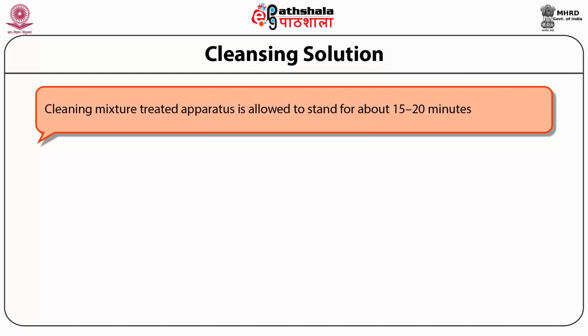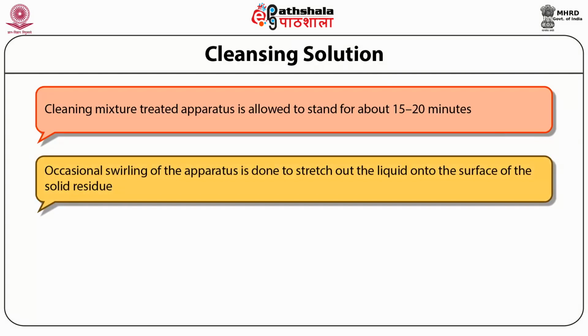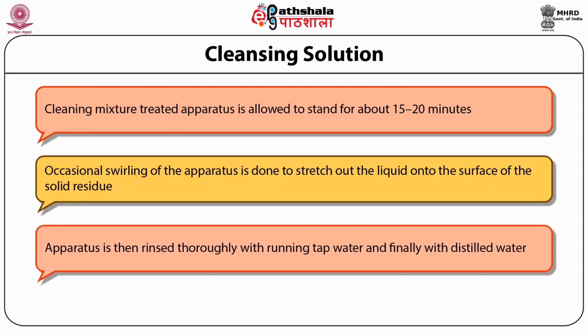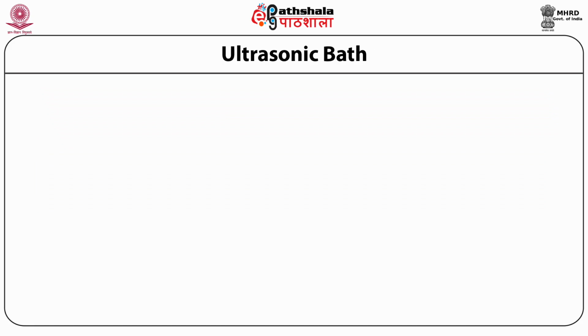The treated apparatus is allowed to stand for about 15 to 20 minutes, with occasional swirling to stretch out the liquid onto the surface of the solid residue. The apparatus is then rinsed thoroughly with running tap water and finally with distilled water.